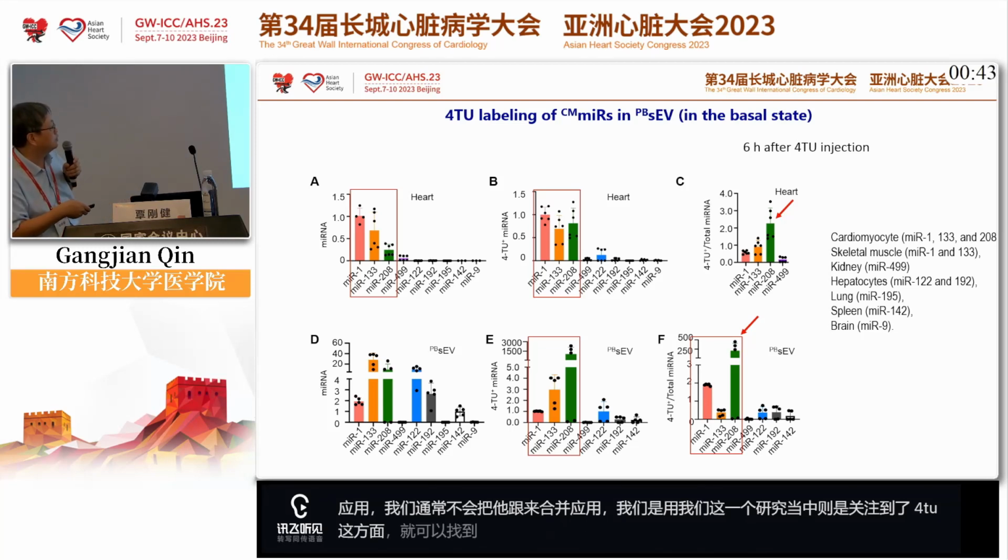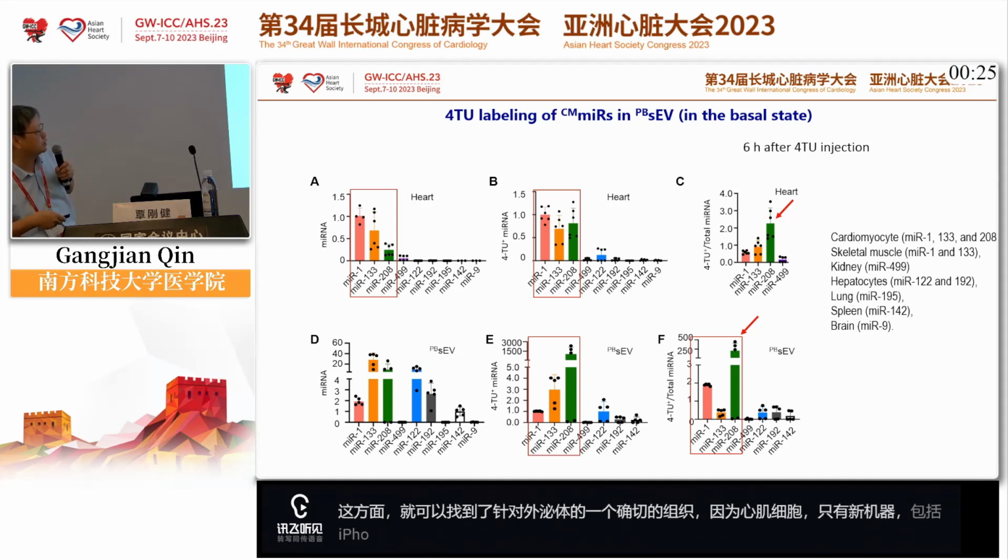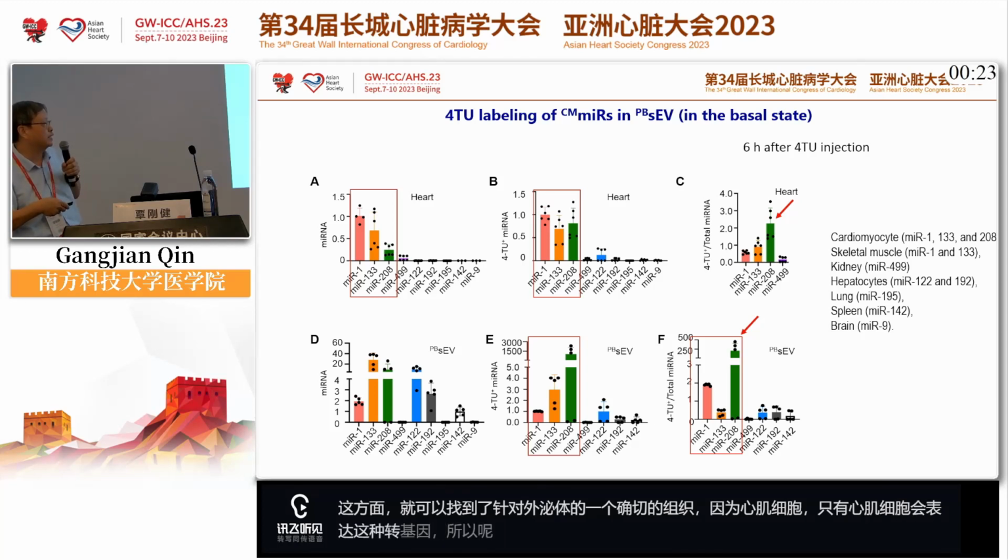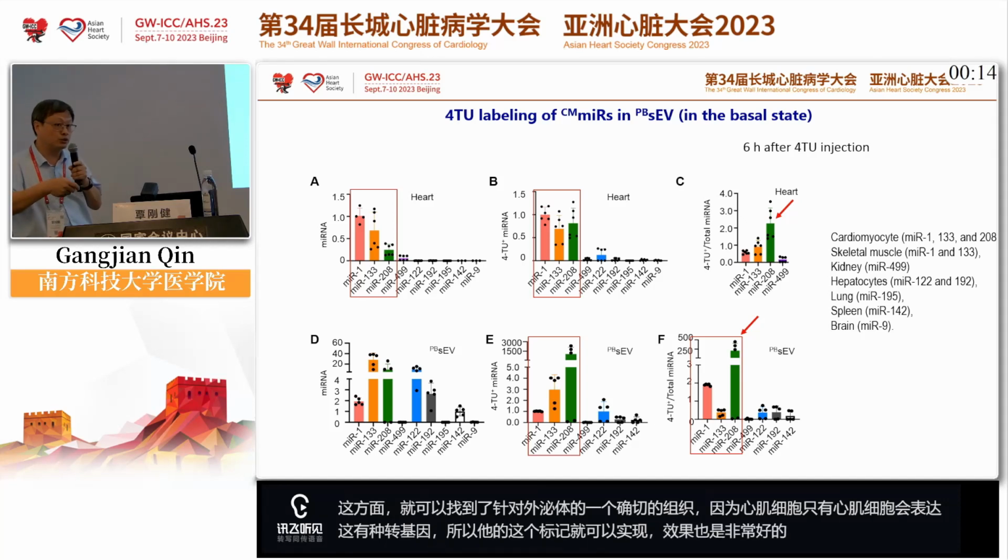From this particular study, we showed that after myocardial infarction, because only the cardiomyocyte expresses this transgene, cardiomyocyte RNA is labeled. After a certain period of time, very quickly, at 6 hours after myocardial infarction, we find that these cardiac-derived exosomes are very efficiently identified in the circulating RNA out of the total amount of exosomes.